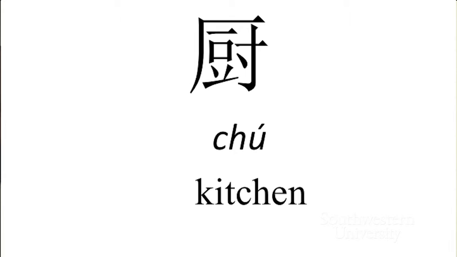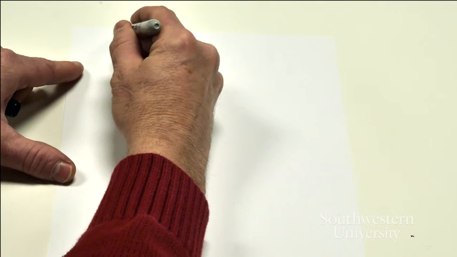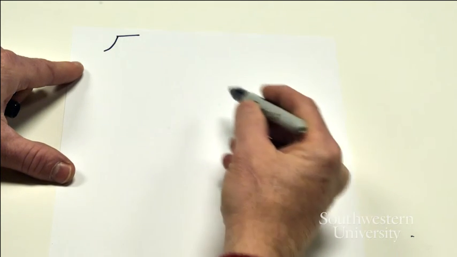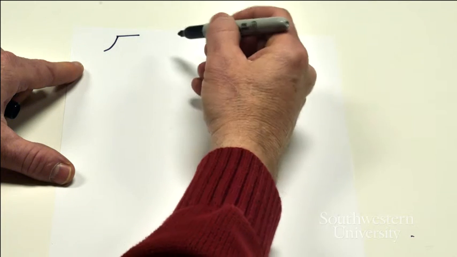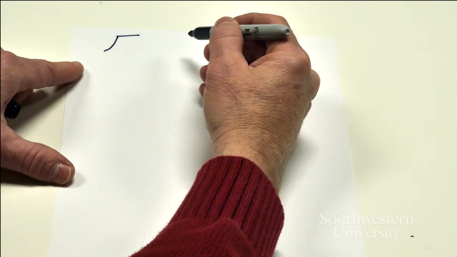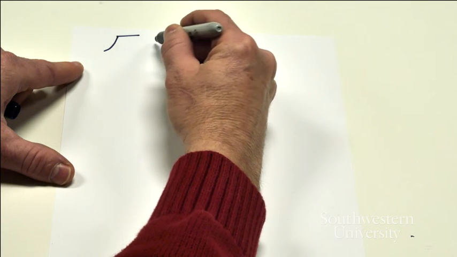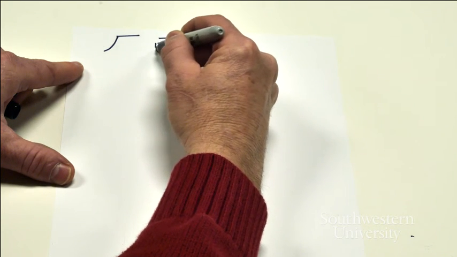Chu, kitchen. It's composed of three components. We have this as shelter again, most anciently depicted a cliffside or a cave. The next component is bean.